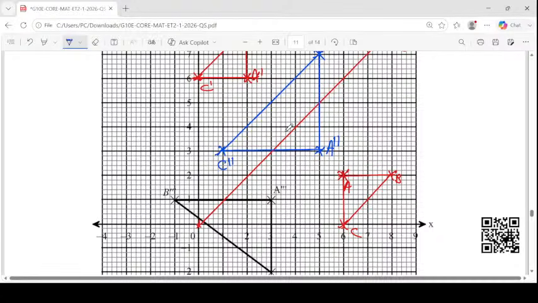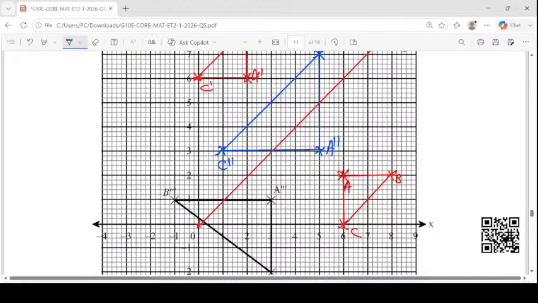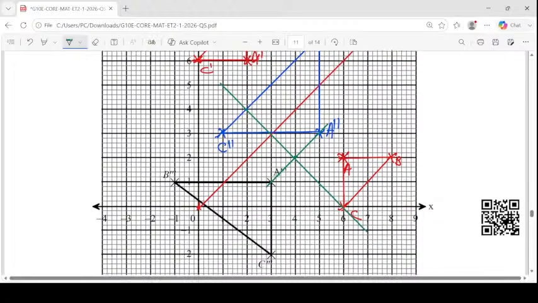You have A double prime to A triple prime this way, then you bisect that line so that you make sure it's at 90 degrees. Then you can even join another point.